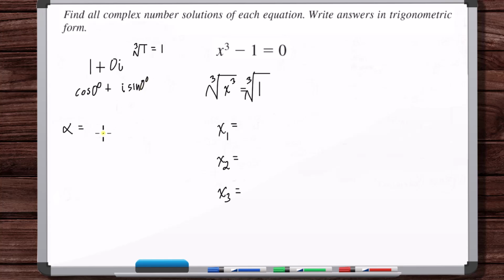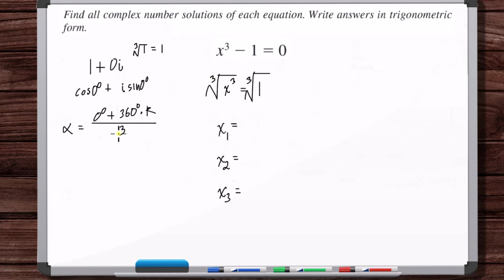Now each of the angles alpha is going to be the angle from the polar form, 0 degrees, plus 360 or 2 pi times k, where k is any integer, over 3, being the root that we're calculating.